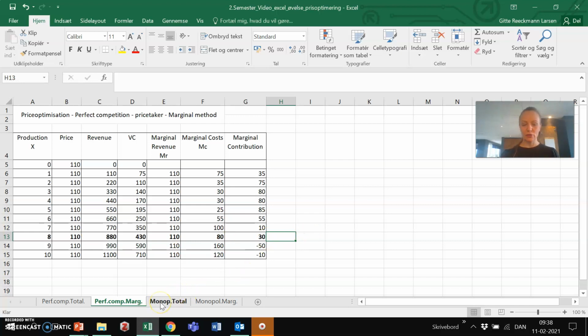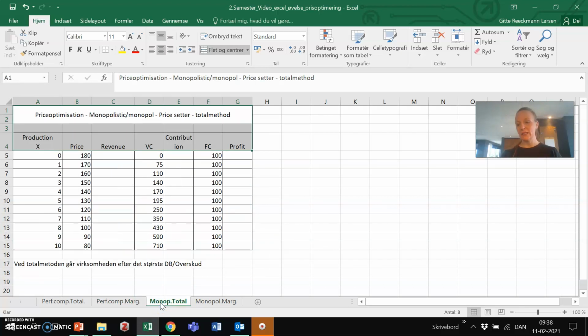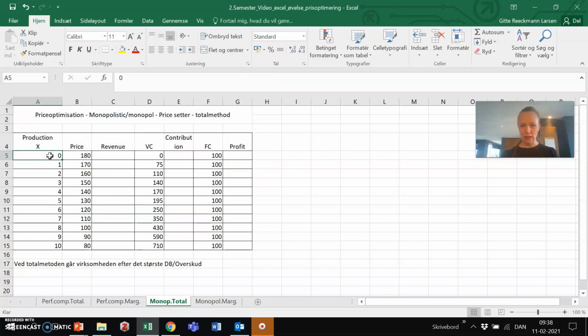Now let's jump into how would it look like if it is monopoly or monopolistic competition, all right? So what you see is changing here is that now the price is changing. And we see this negative correlation between price and production. So if we increase the price, in this case with 10, we lose 1 in sales or production.